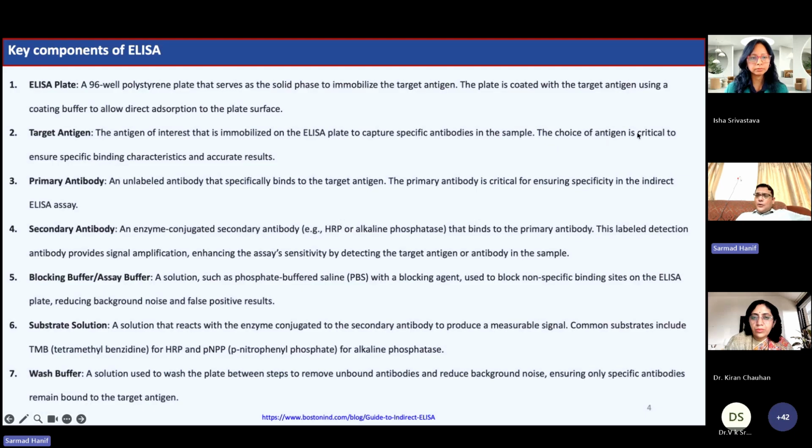And I hope you remember in the very first slide, I told you that the antigen can be a protein or a polysaccharide. However, polystyrene coated 96 well plate is more suitable for the protein antigen coating. If the antigen is a polysaccharide, it is not firmly held on the polystyrene well.